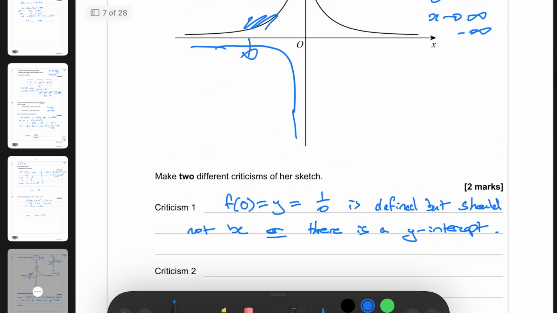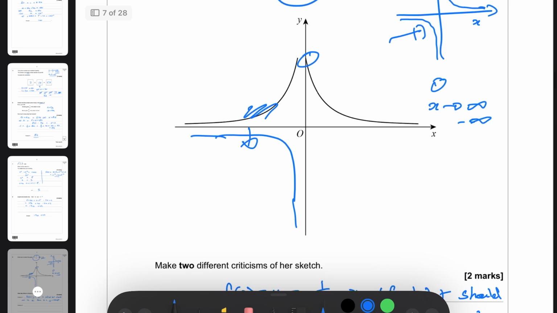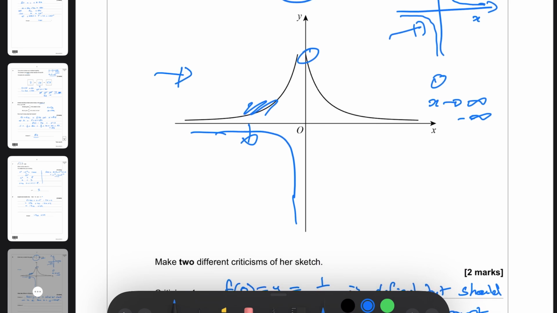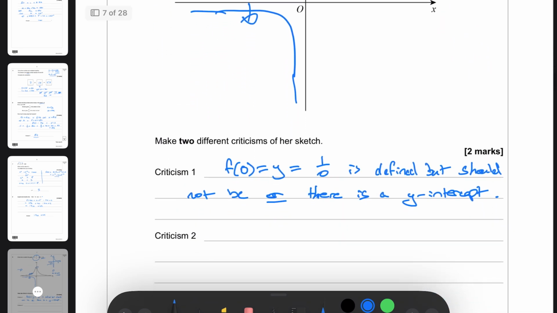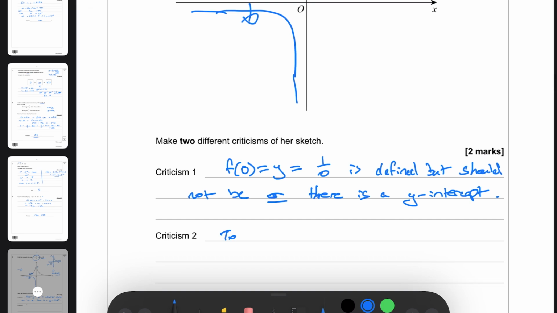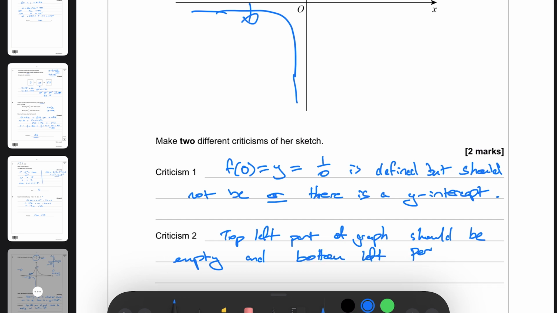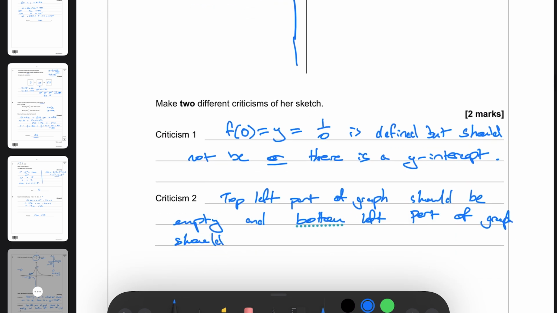For the other one, we could just say the top left part of the graph should be empty, and the bottom left part of the graph should have the graph instead.